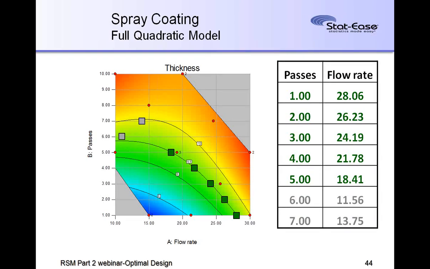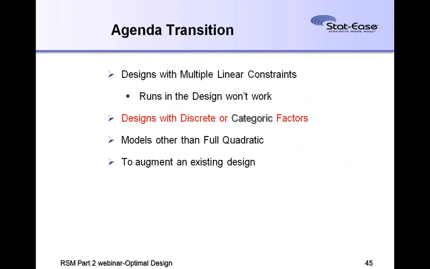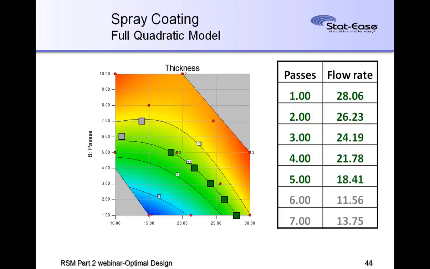You won't be right on the target, but you're still going to be between about 9.05 and 9.95 in these 2 gray areas. So that's a very nice way to use discrete factors and optimize your system.